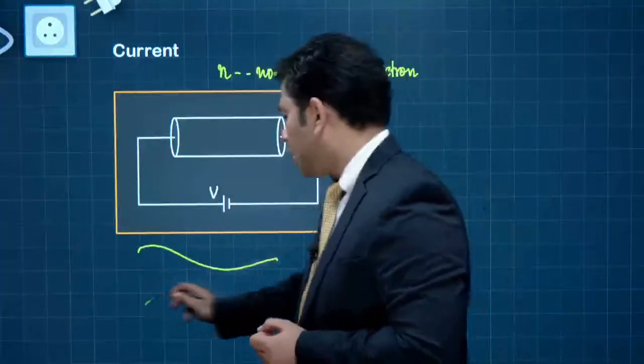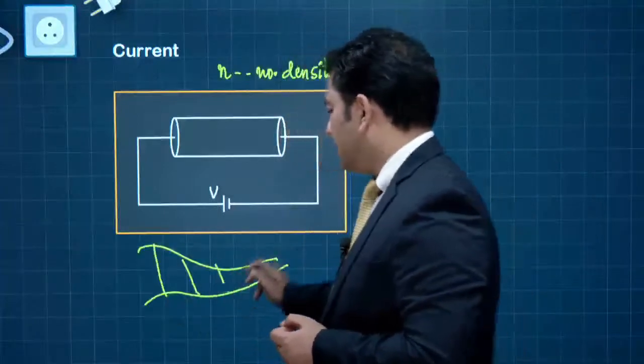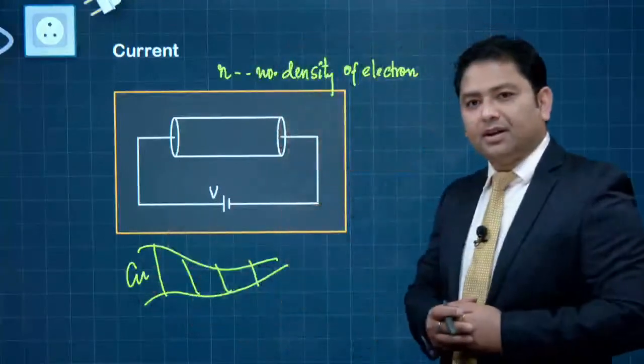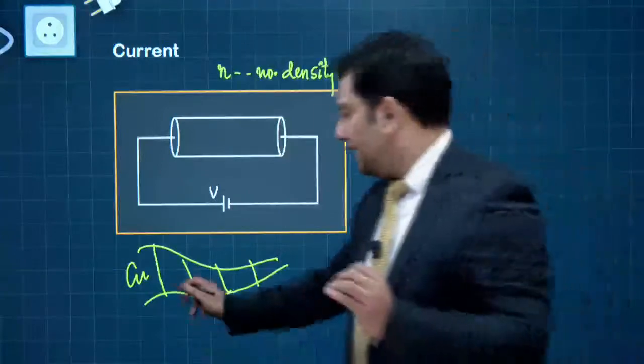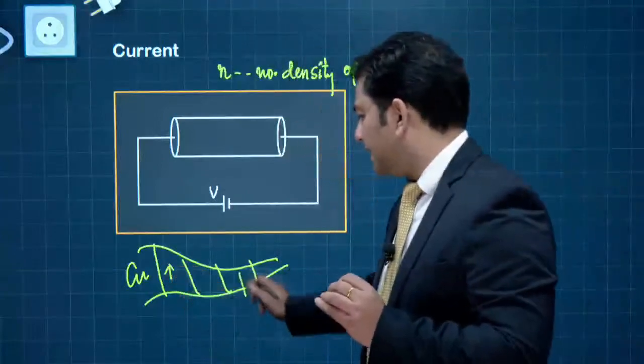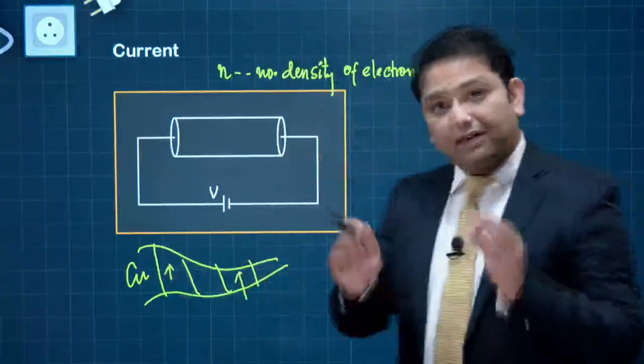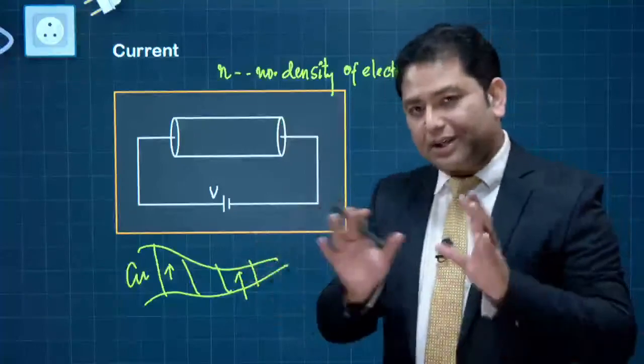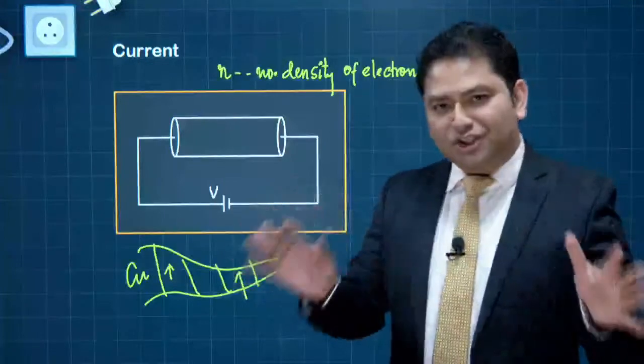Imagine if you have copper, all right? So the shape has been made very random. The number density at this zone and the number density at this zone will be the same. It's something like a density, right?